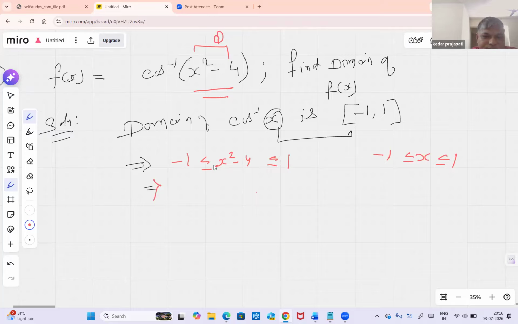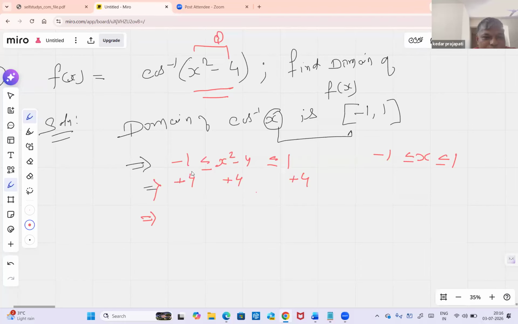Now I need to bring x from here. How will you bring? You will add 4 here. So 4 will also get added here, and 4 will also get added.